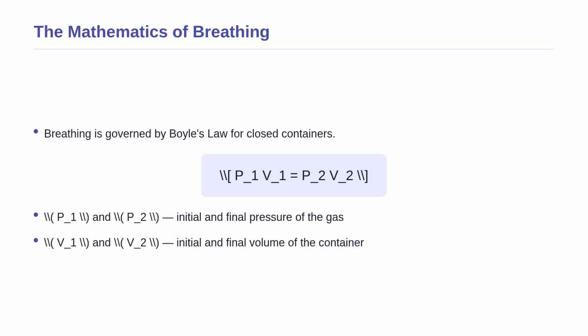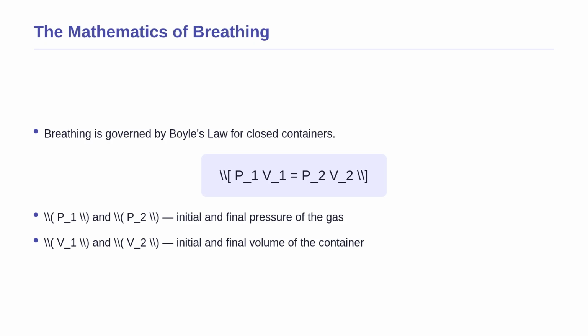Understanding why this pump is critical leads us directly to the physics that makes it possible. The entire mechanism of breathing is governed by Boyle's law. Conceptually, this law states that for a gas in a closed container, pressure and volume are inversely proportional. Let us look at the formula. P1 and V1 represent the initial pressure and volume of the container.